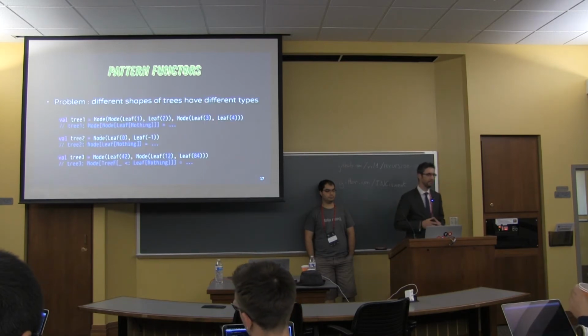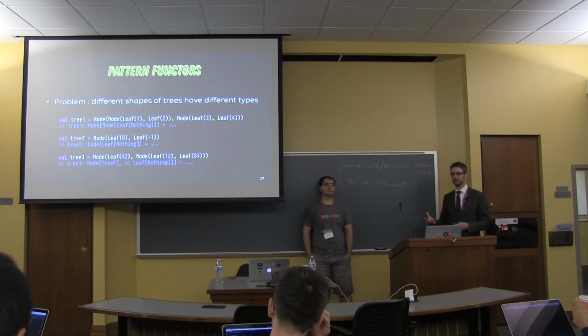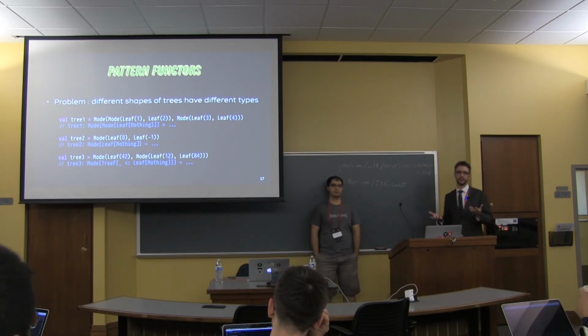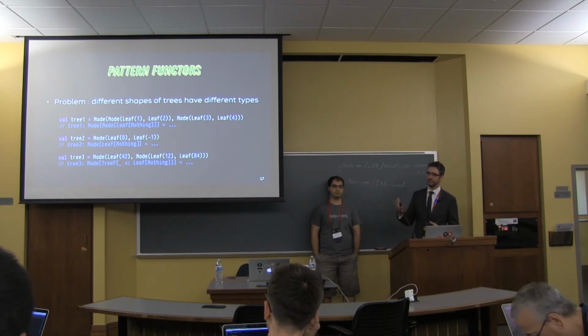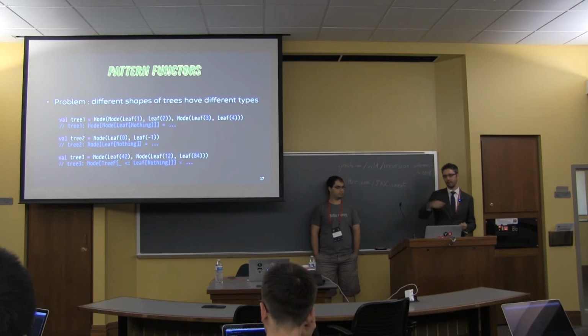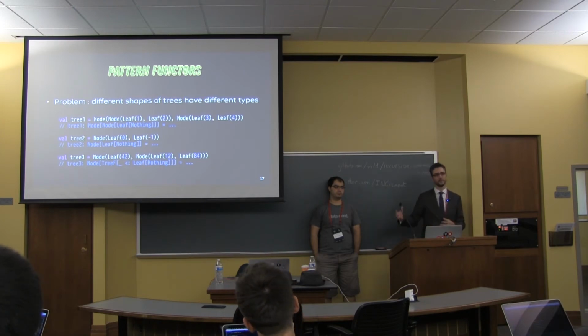The problem with the pattern functor is that you've made the recursion inside lifted up in the type system, but you've lost the ability to have a single type that can reference all the kinds of trees you can have. For example, if you have a tree that has a depth of 2, the type will be TreeF of TreeF of something, right?